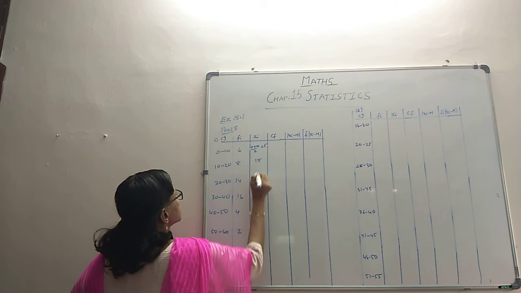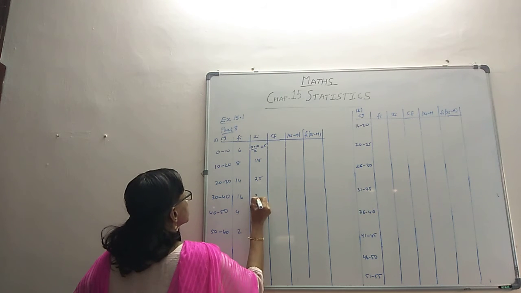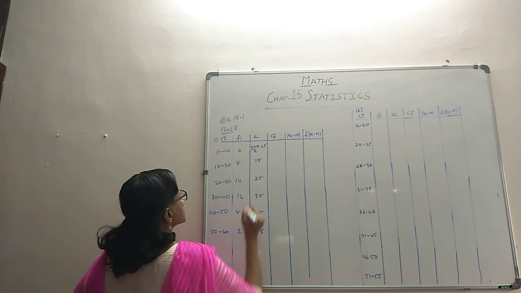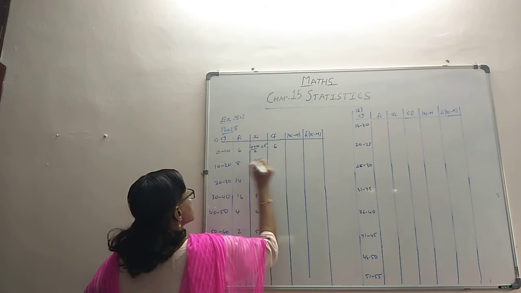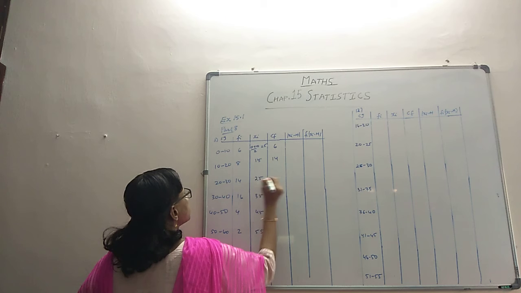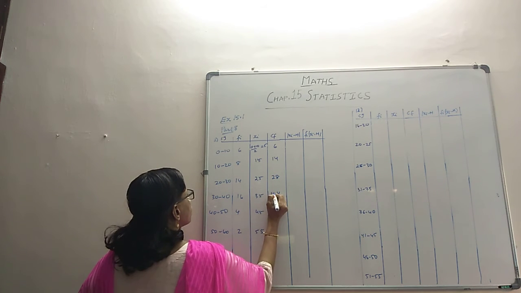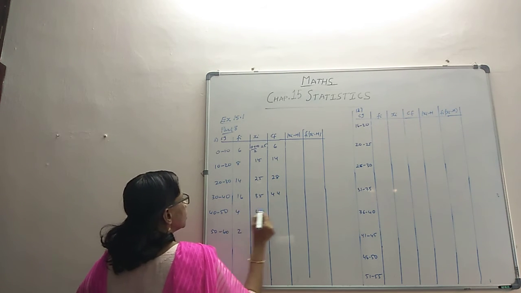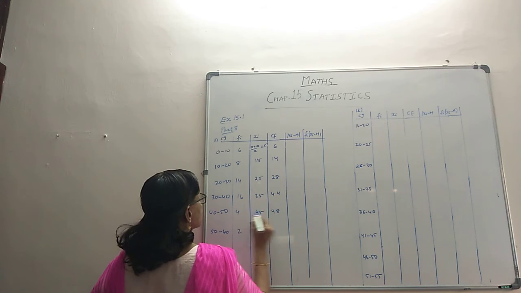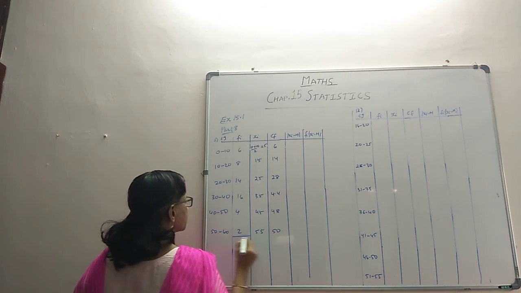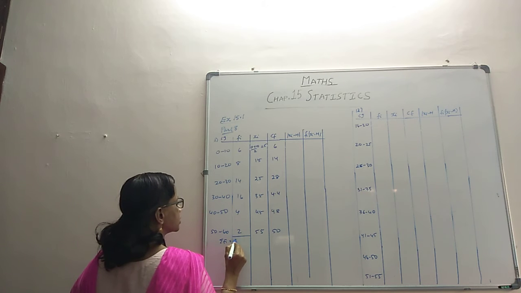Here it is 15, 25, 35, 45, and 55. CF: first is 6, 6 plus 8 is 14, 14 plus 14 is 28, 28 plus 16 is 44, 44 plus 4 is 48, and then 50. That means summation fi is 50.